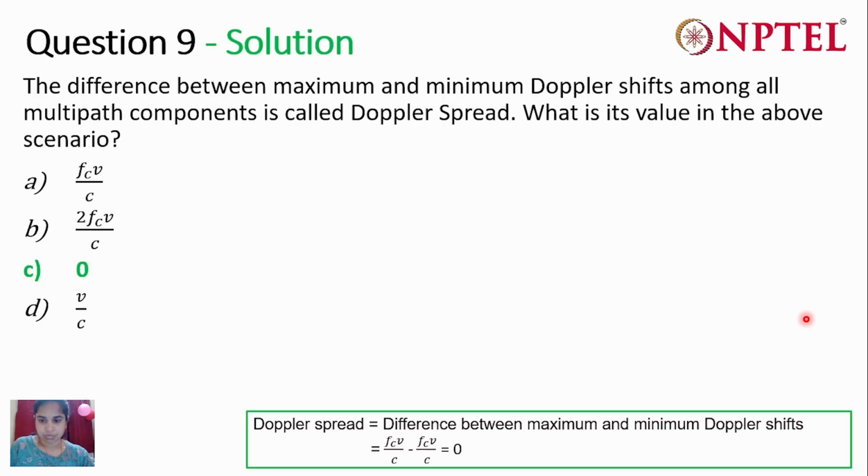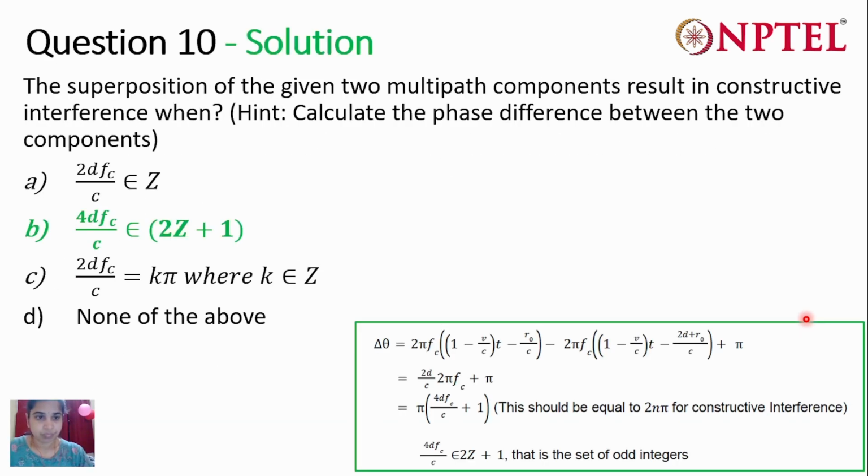Okay, let's see the answer. If we see the phase difference between the two components, the first component is 2 pi fc into (1 minus v by c) into t minus r naught by c. For the other component, it is 2 pi fc into (1 minus v by c) into t minus (2d plus r naught) by c. And since there was a negative sign, that is, we are expecting a phase shift of 180 degrees, it's plus pi here.